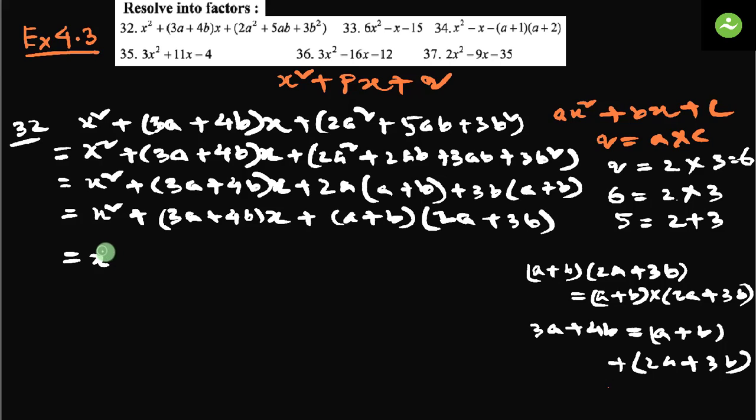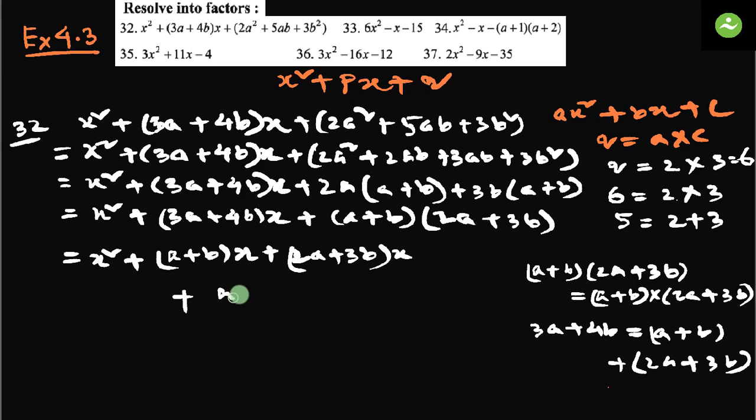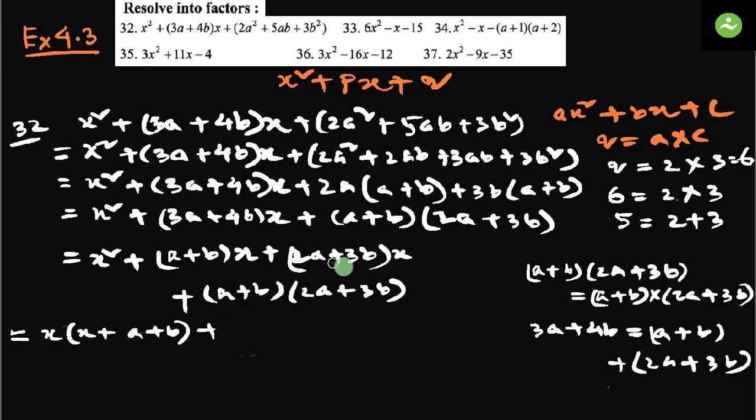So what we do now, x squared plus, we just split it, (a plus b) x plus (2a plus 3b) x, plus (a plus b) into (2a plus 3b) equals x into (x plus a plus b) plus (2a plus 3b) common.